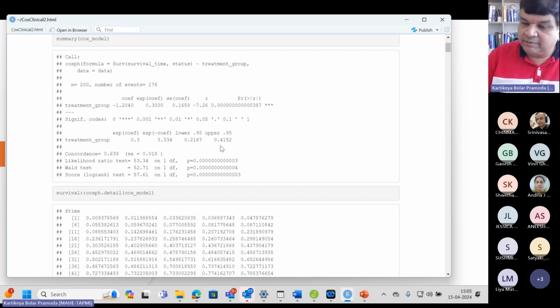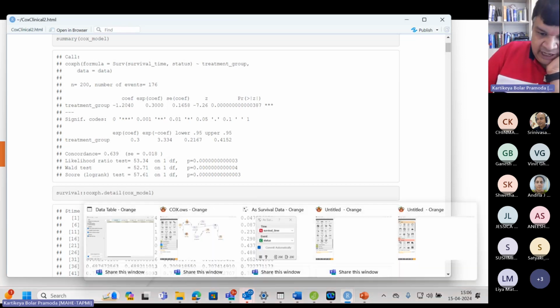This is a 95% confidence interval. It is another way of suggesting the p-value is very small, and that there is a striking difference between the treatment group and the non-treatment group.